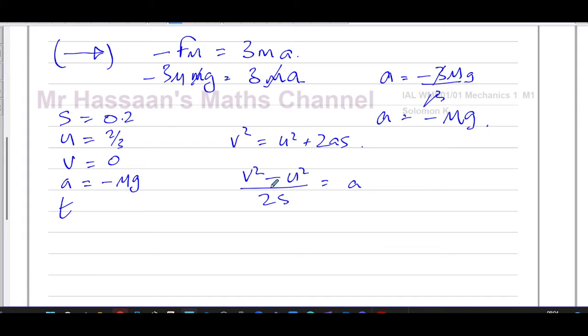So we have v squared, which is 0, minus u squared, which is 4 over 9, over 2 times s, which is 0.2, and that's equal to the acceleration, which is minus mu times g.